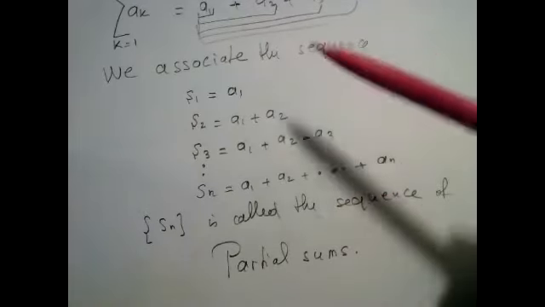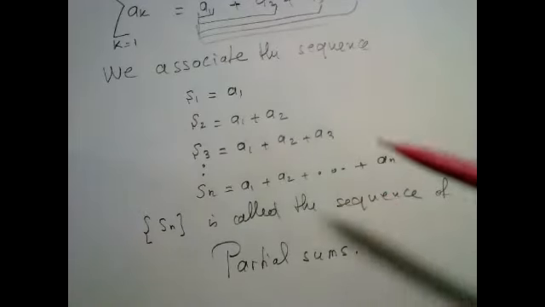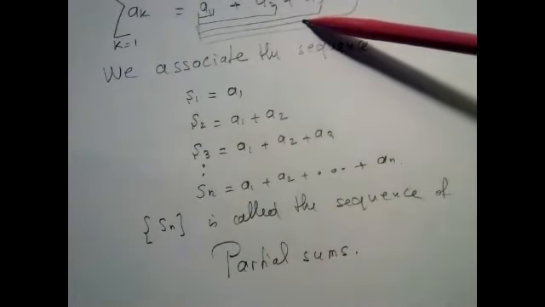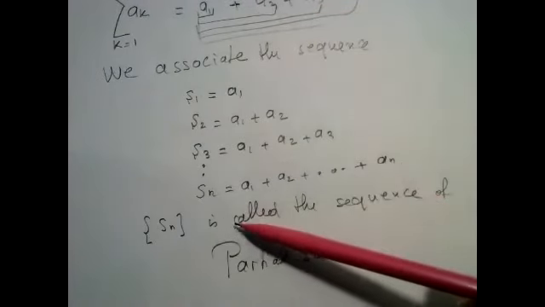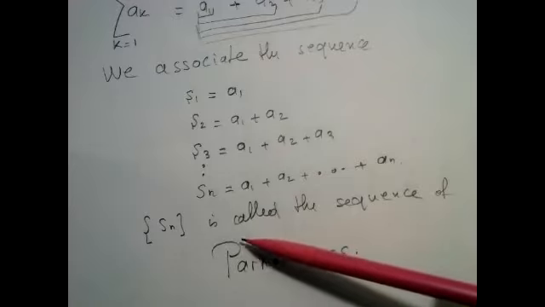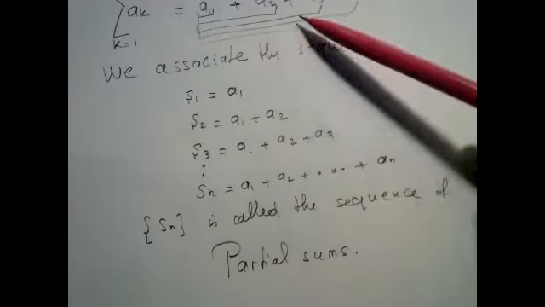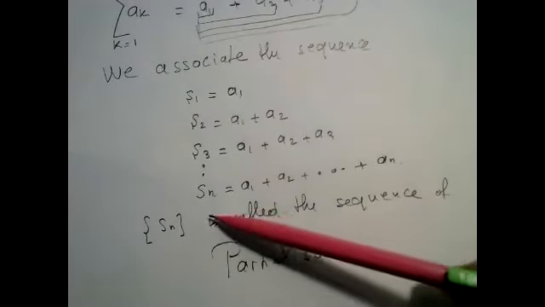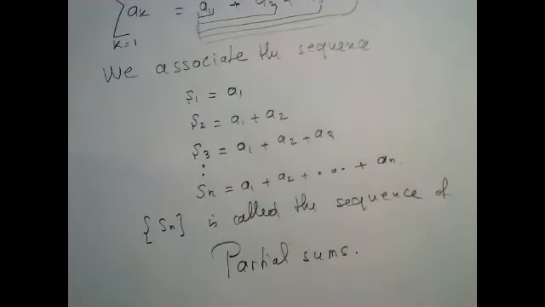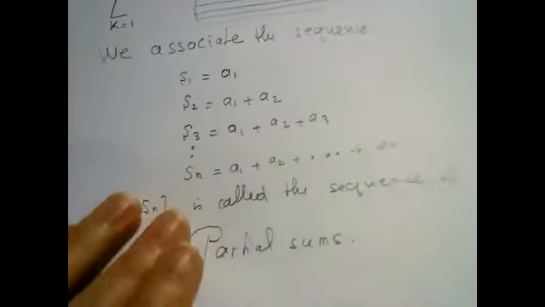Now, if we have this series, we say that the series converges if the sequence of partial sums itself converges. We say that the series diverges if the sequence of partial sums diverges. So now, definition of convergence and divergence of an infinite series. We have two things: the sequence an and the sequence of partial sums.